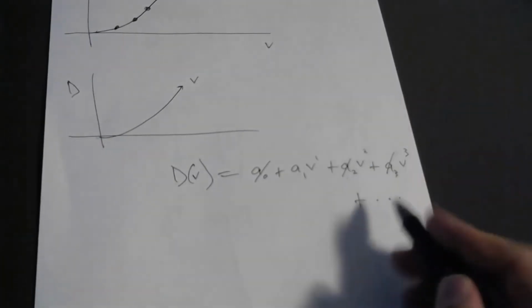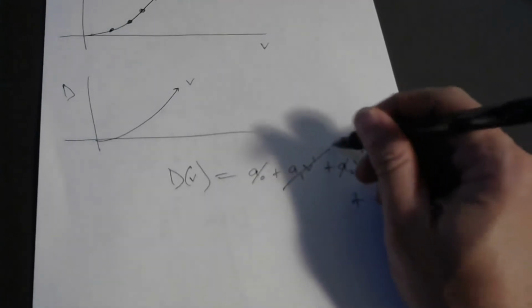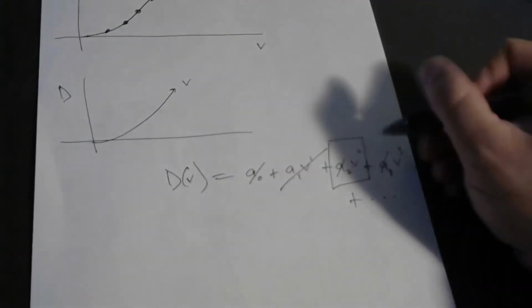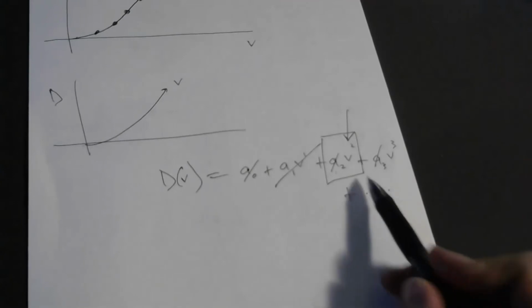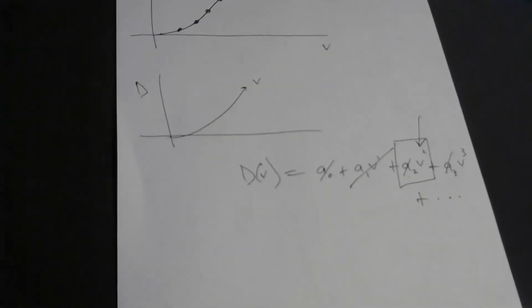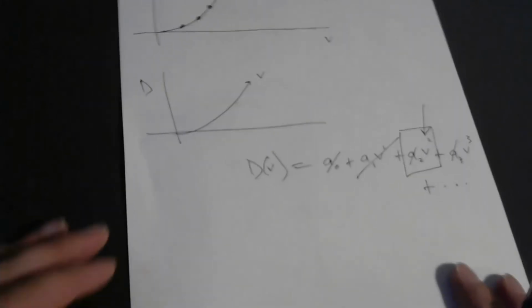And all we're left, oh, I goofed. This is the one that's irrelevant. This is the one we want. This turns out to be the dominant term, the quadratic term, as you may have guessed from the previous, or the notes just a moment ago.